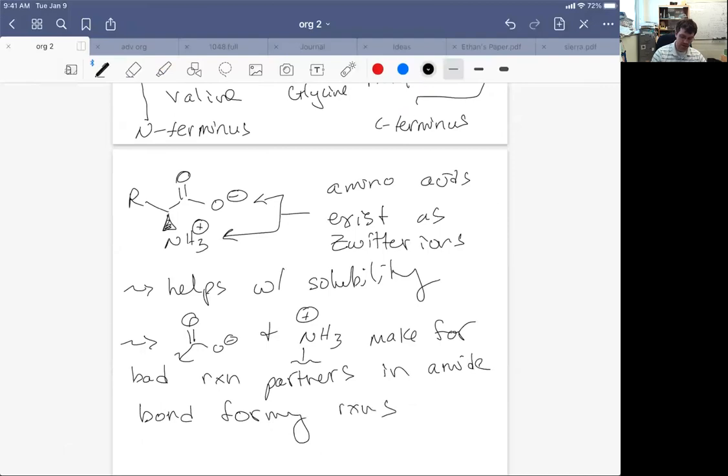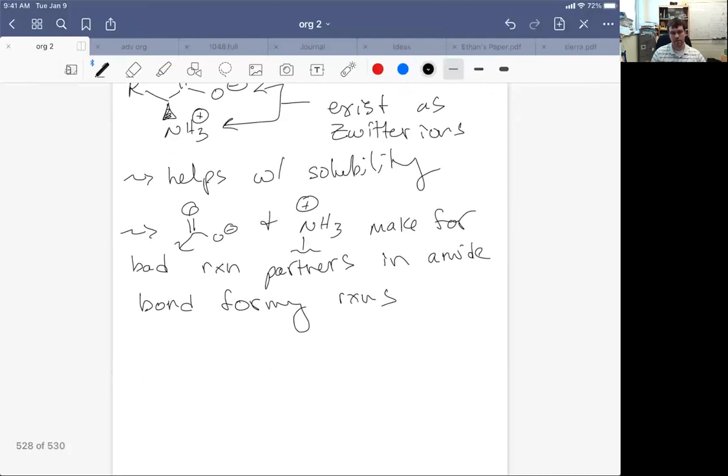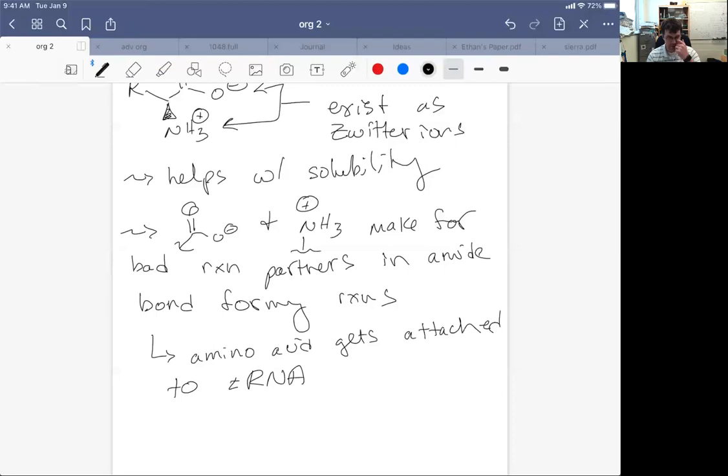So it turns out we have to attach the amino acid to tRNA, transfer RNA.